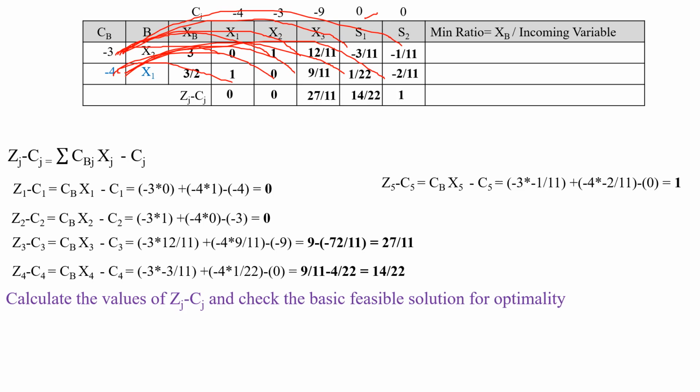So here Zj minus Cj values are 0, 0, 27 by 11, 14 by 22 and 1. So here observe all the Zj minus Cj values are greater than or equal to 0. Then we obtain the optimum basic solution.